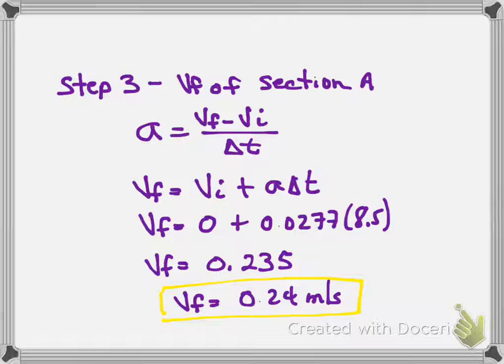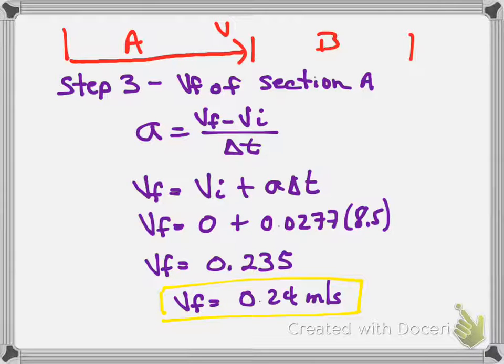If we go back to the setup, this is A, this is B. We're going to calculate the final velocity of A. It's going from 0, accelerating at that 0.0277 meters per second squared to a final velocity for section A. Right at that point, we're transitioning to section B.